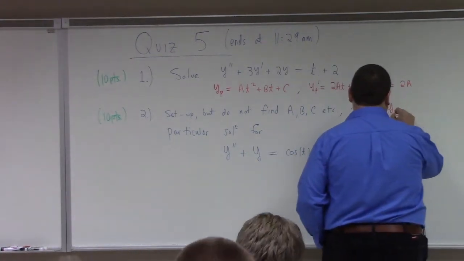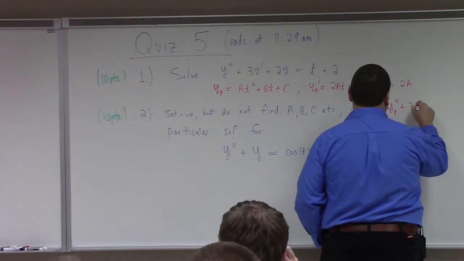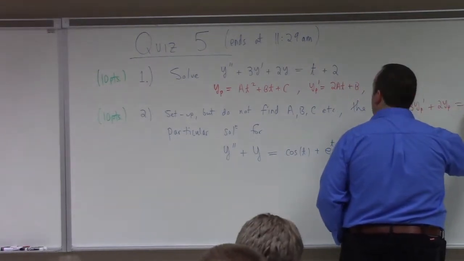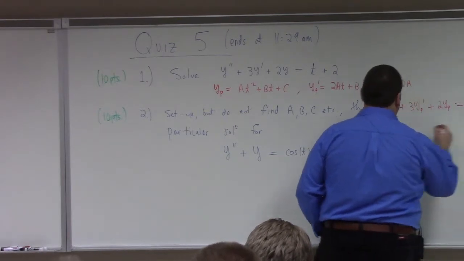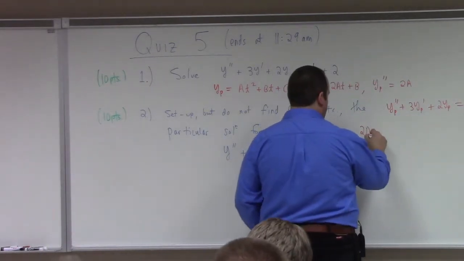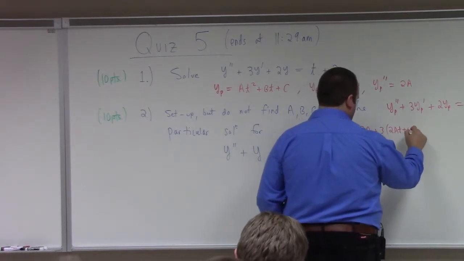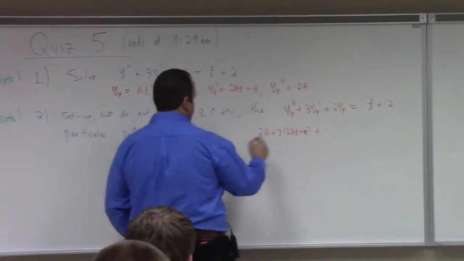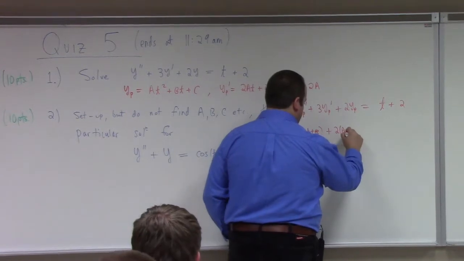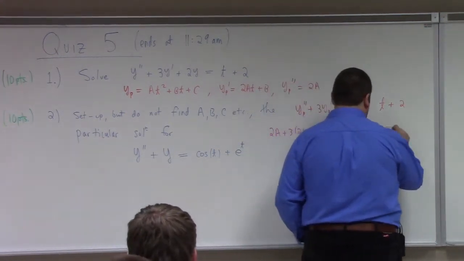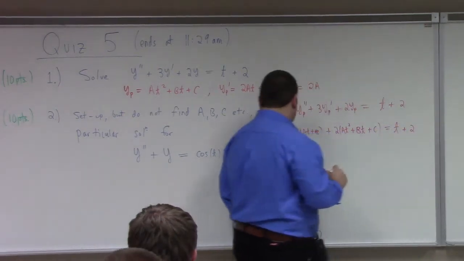So let's see here. yp prime prime plus 3yp prime plus 2yp is equal to t plus 2. That gives me 2a plus 3 times 2at plus b, plus twice at squared plus bt plus c, equals t plus 2.